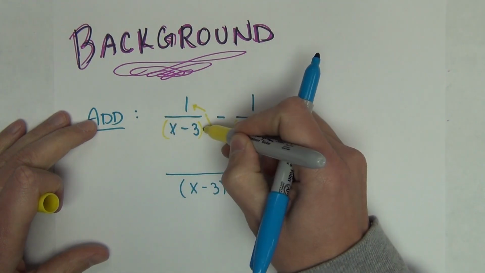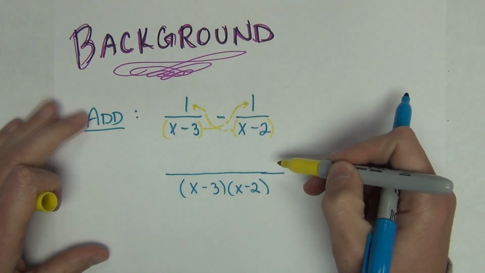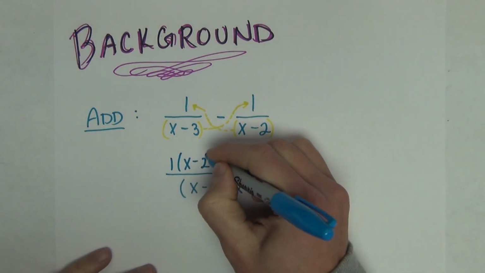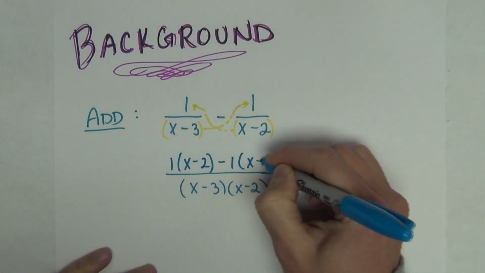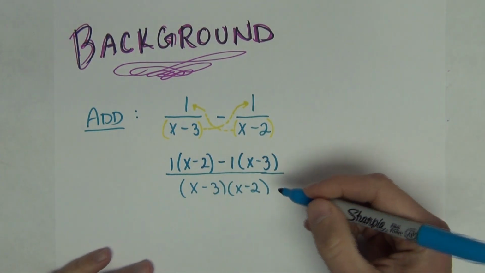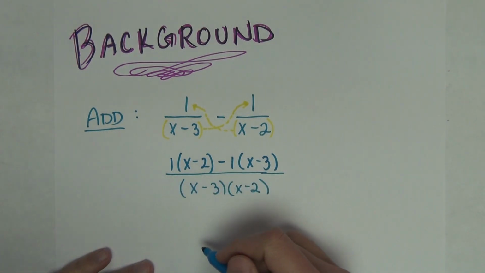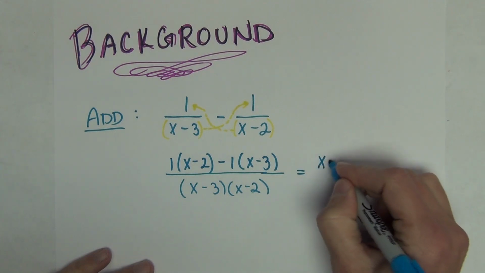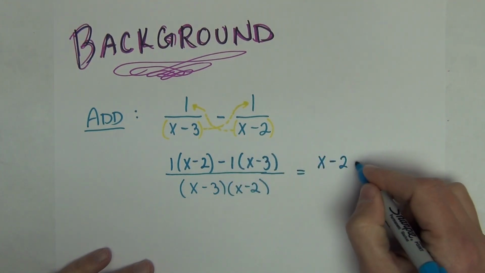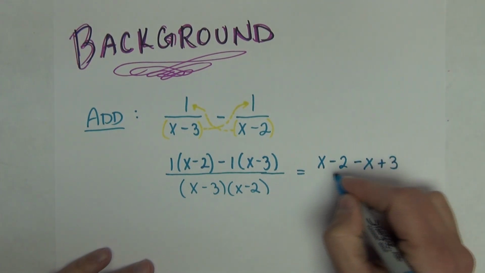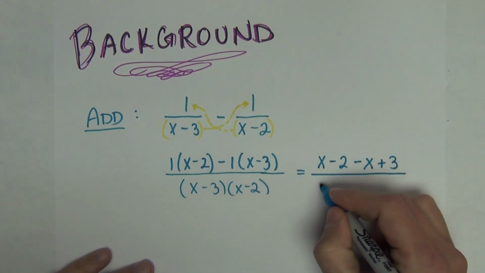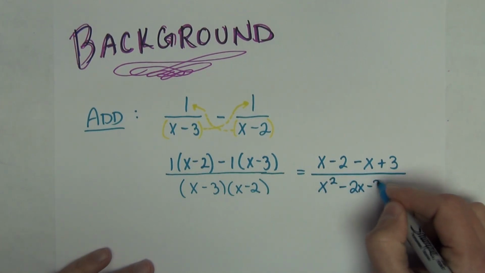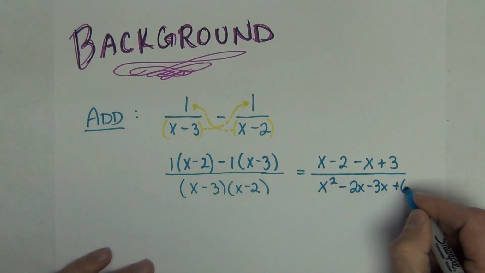The x minus 3 will multiply across to this fraction's numerator, and so it will be 1 times x minus 2 minus 1 times x minus 3 in the numerator. If we combine in the numerator, we would get x minus 2, and we have to distribute the negative, so minus x plus 3. If we multiply the denominator, we get x squared minus 2x minus 3x plus 6.